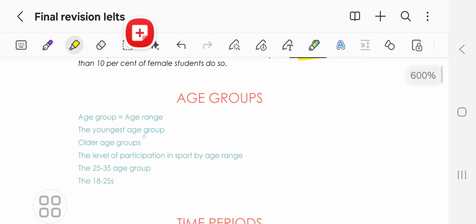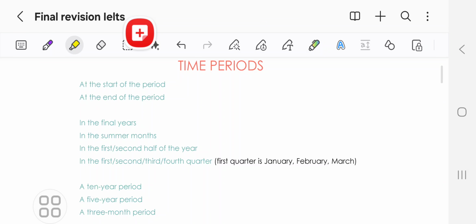So a different age group, across the age groups, the youngest age group, the older age group, the level of participation in sports by age range, the 25 to 35 age group. Age group is also a common phrase. You can use a time period: at the start of the period, at the end of the period. You can use these phrases: in the final years, in the summer months, in the first or second half of the year, in the first, second, third or fourth quarter of the year.